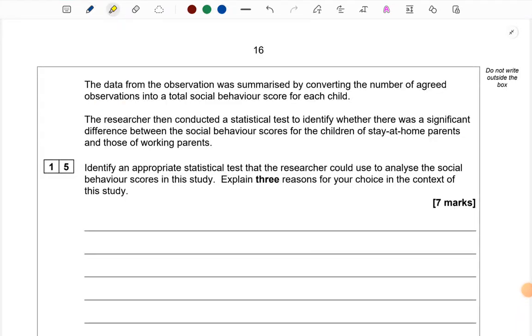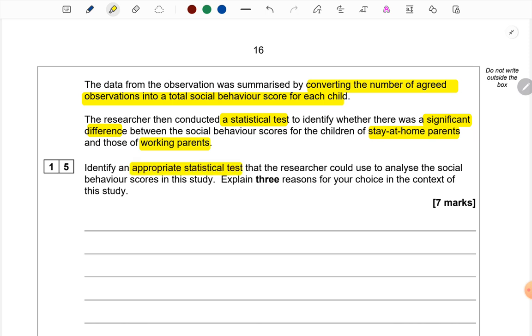Yes, I'm reading out the question first. The data from the observation was summarized by converting the number of agreed observations into a total social behavior score for each child. The researcher then conducted a statistical test to identify whether there was a significant difference between the social behavior scores for children of stay at home parents and those of working parents.